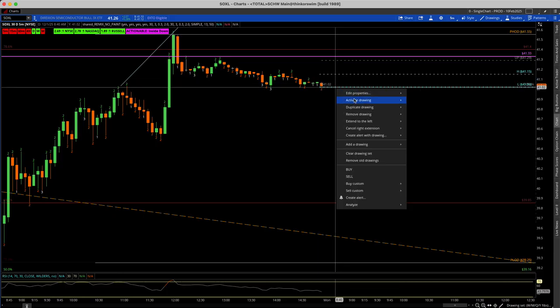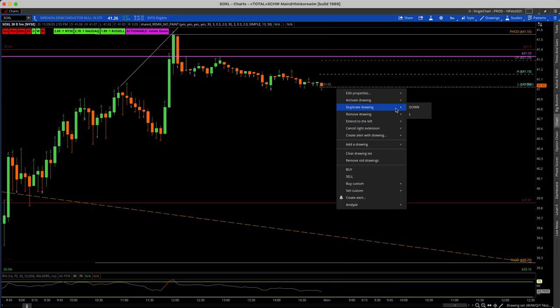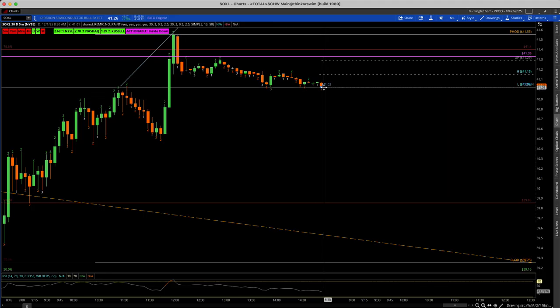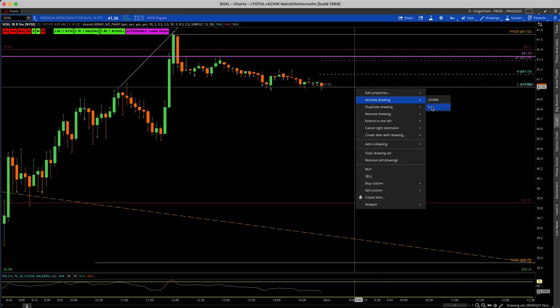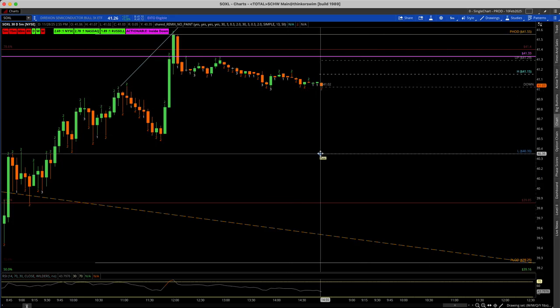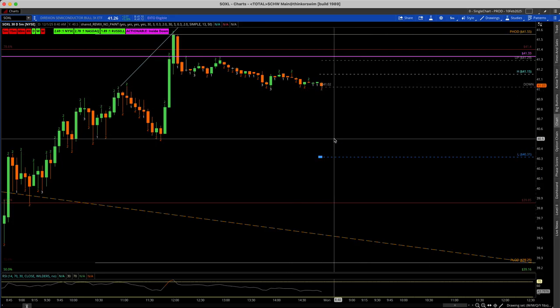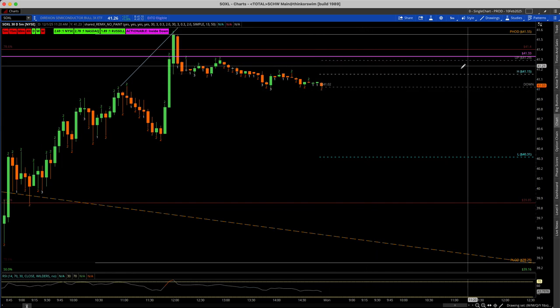Those should change. Those overnight high and lows were as of about an hour after close on Friday. So let's just say overnight low ends up being here, and we'll just say overnight high stays there.